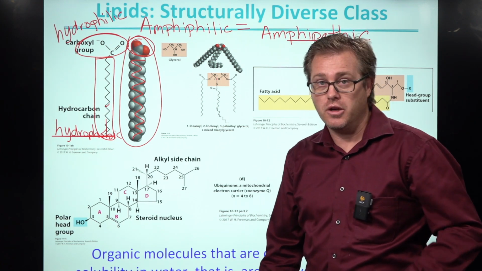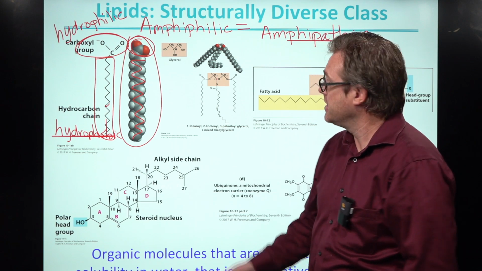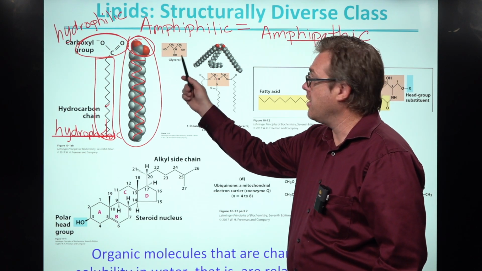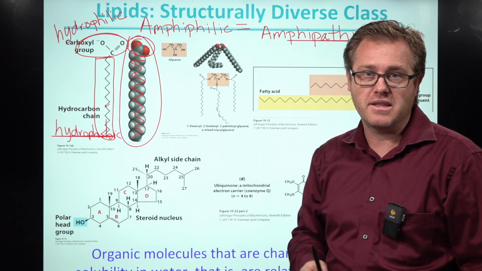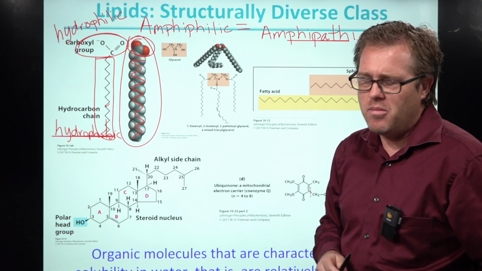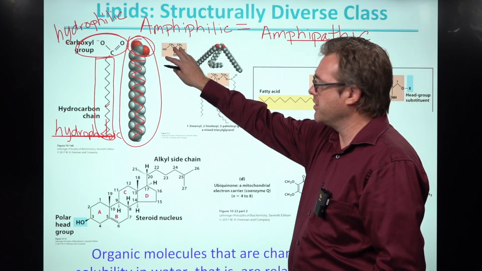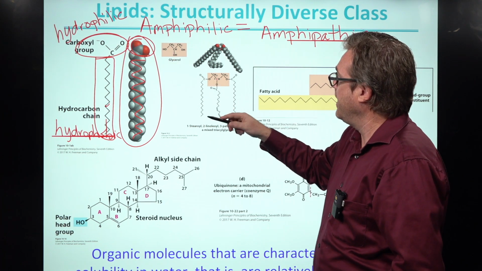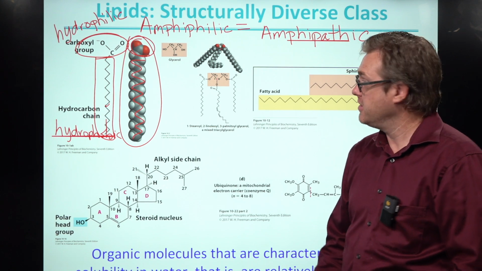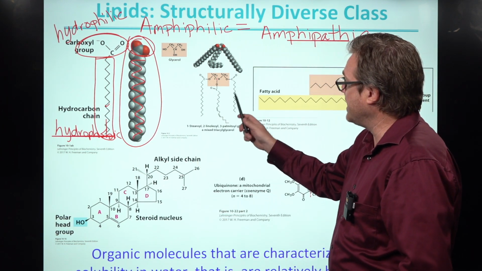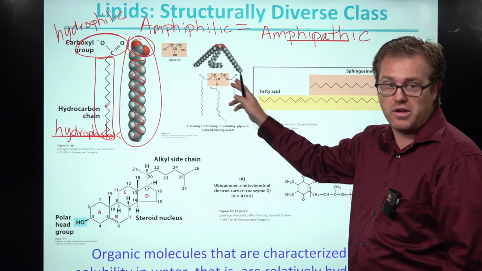So on your personal slides, you're going to see this molecule glycerol. And we're going to look at other slides that zoom in on that. But the point is that we have this molecule glycerol, and then to that glycerol molecule, we can add fatty chains or fatty acids. And that's what you see right here in this molecule.